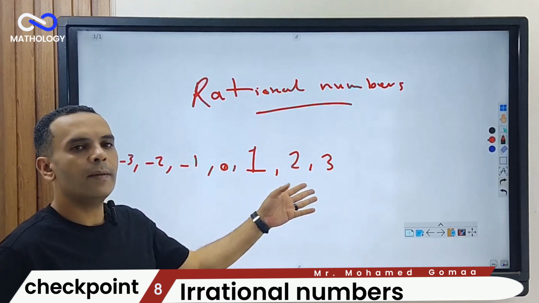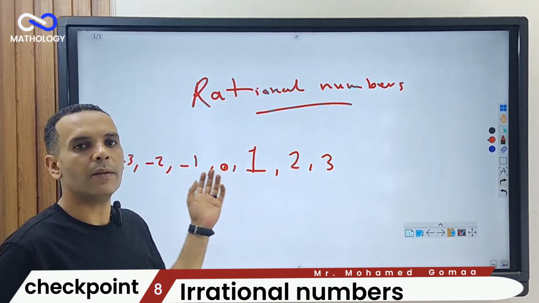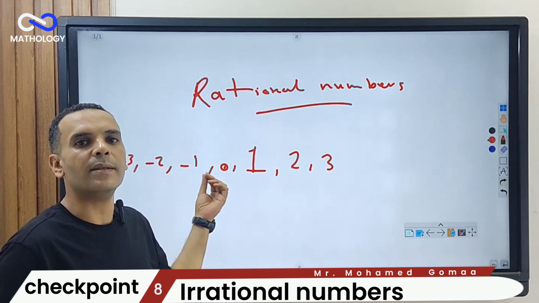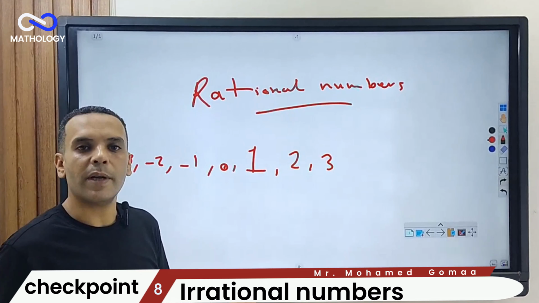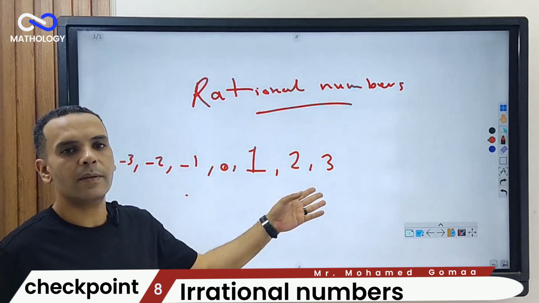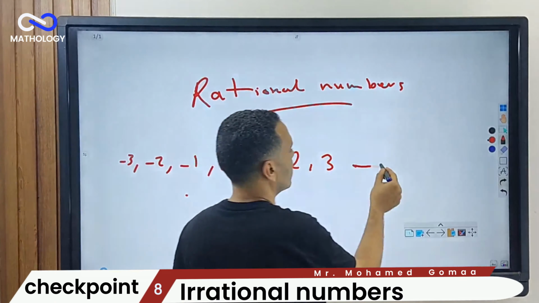1, 2, 3, all the positive whole numbers and all the negative whole numbers, and 0, which is neither positive nor negative. All of these numbers are called integers.